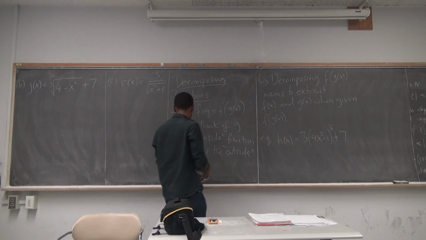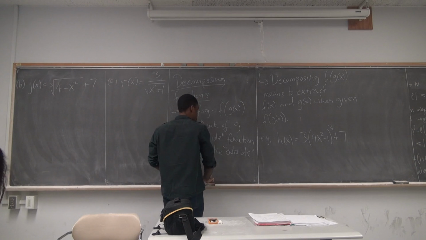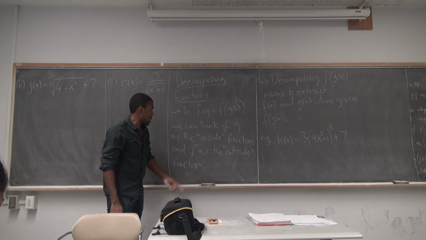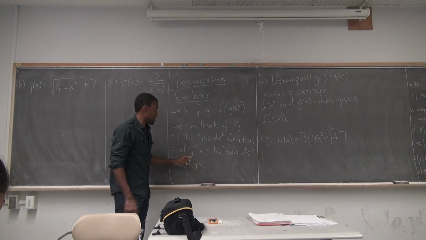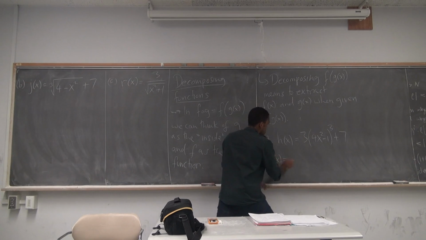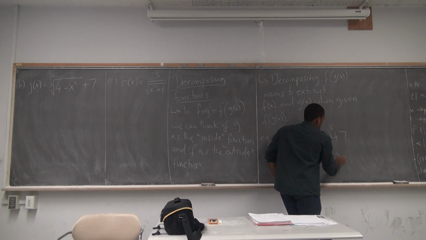Okay, so let's keep this notation where I'm thinking of g as the inside and f as the outside. So in this case, what would f of x be? What would g of x be?